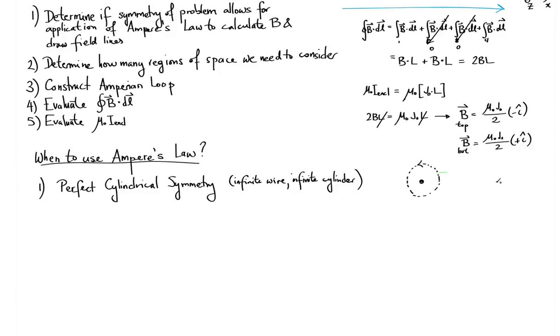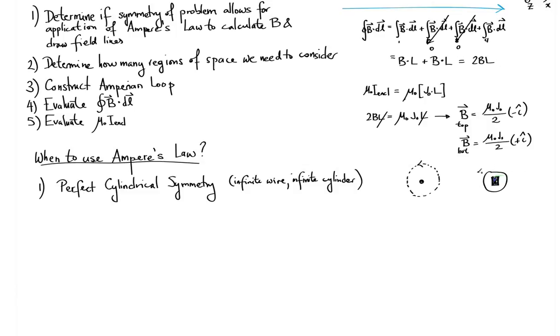If my wire was infinite, but let's say it wasn't circular, let's say it had some kind of square cross section, then the magnetic field is not going to be exactly circular around the wire. It's not going to be perfectly square either. So it's going to have some not exactly symmetric shape.